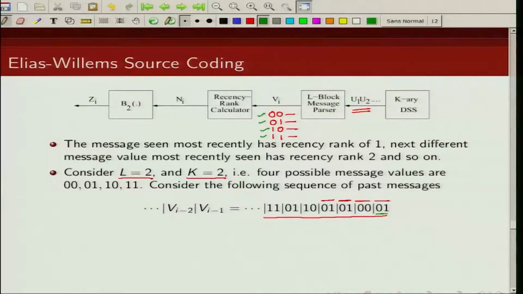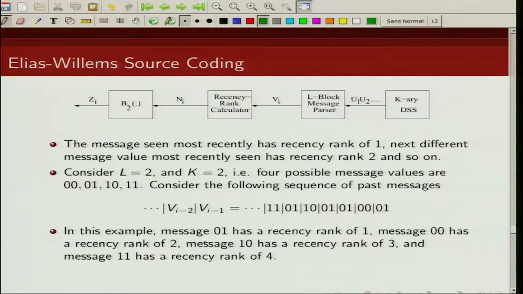So message 0 1 will be assigned a recency rank of 1. Let me write back the sequences. Now next, 0 0 occurs in the past, so this will have a recency rank of 2. Then 0 1 already has a recency rank of 1.